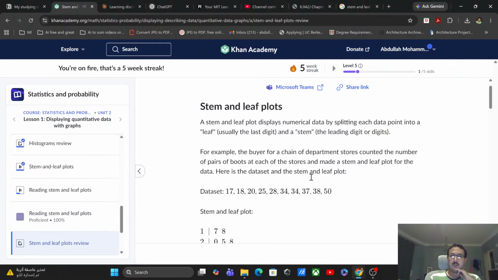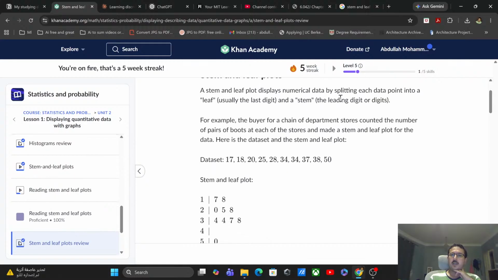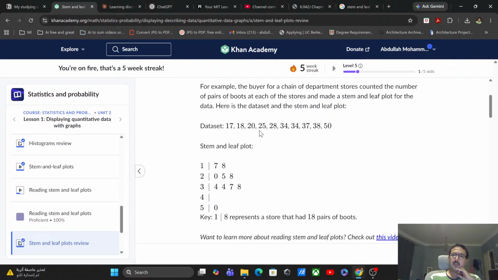Stem and leaf displays display numerical data by splitting each data point into a leaf, usually the last digit, and the stem, the leading digit or digits. For example, the buyer for a chain of department stores.